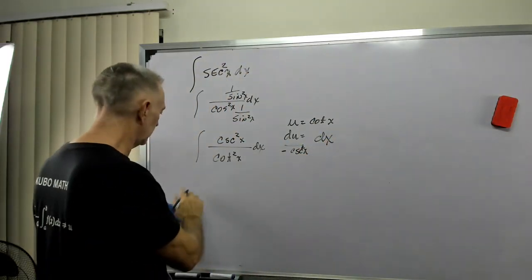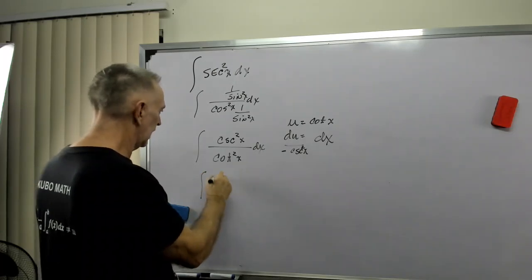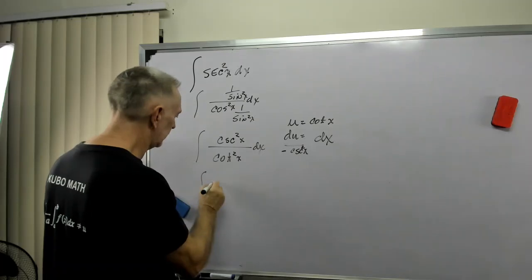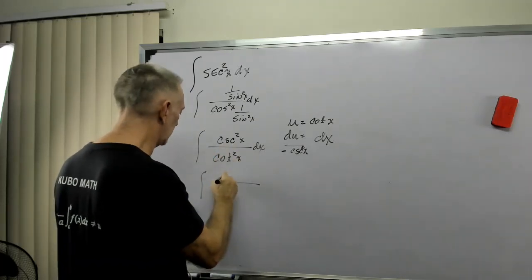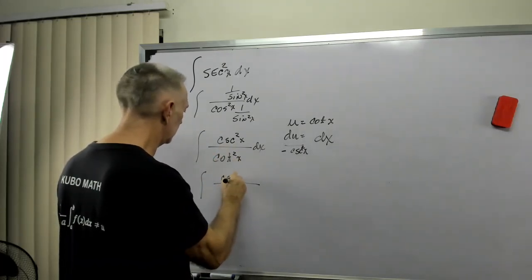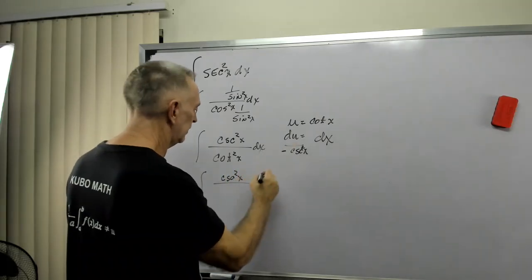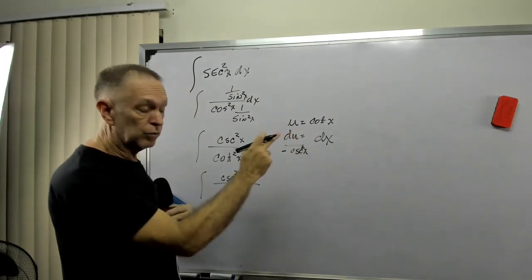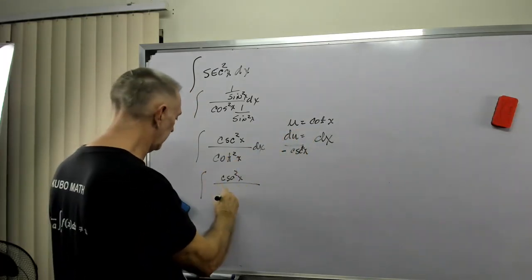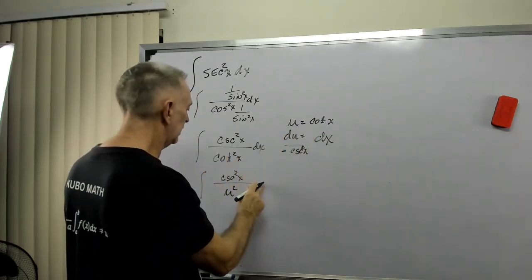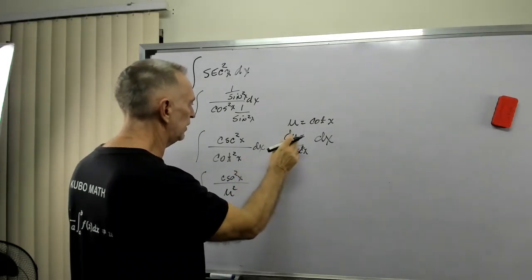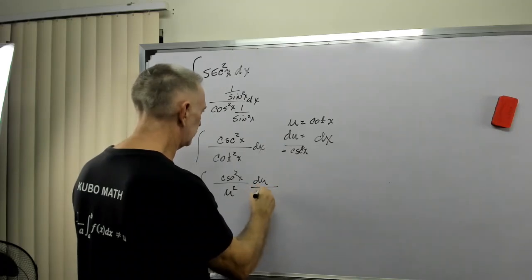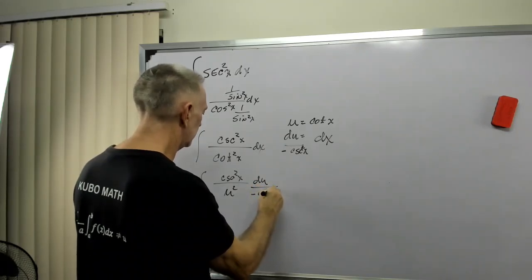All right, so let's integrate that. I have the existing cosecant squared x, and then have that over u, which is cotangent, so u squared, and then I'm replacing dx with du, so du over minus cosecant squared x.